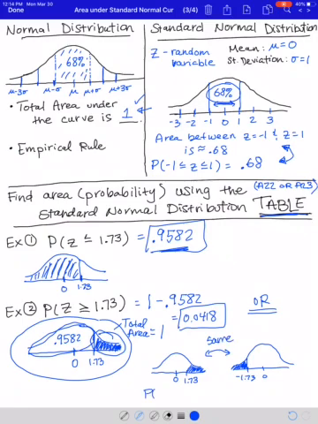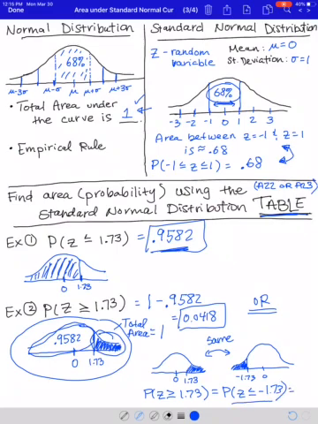So if I want to find the probability that z is greater than or equal to 1.73, that's just going to be equivalent to the probability that z is less than or equal to negative 1.73.